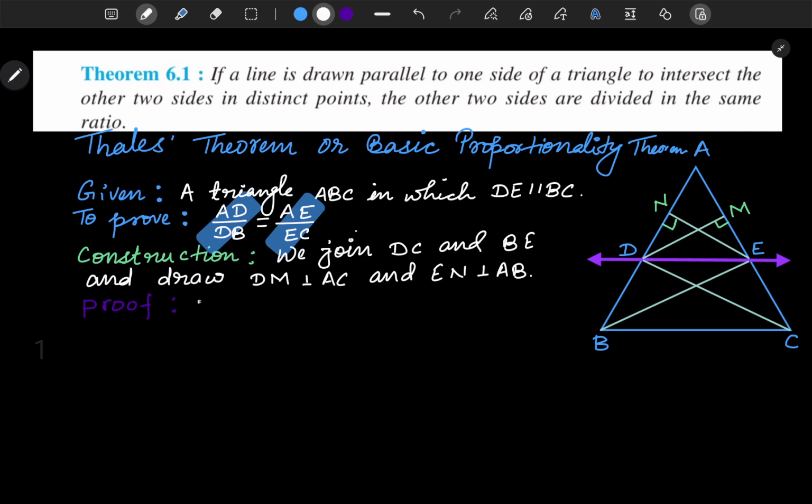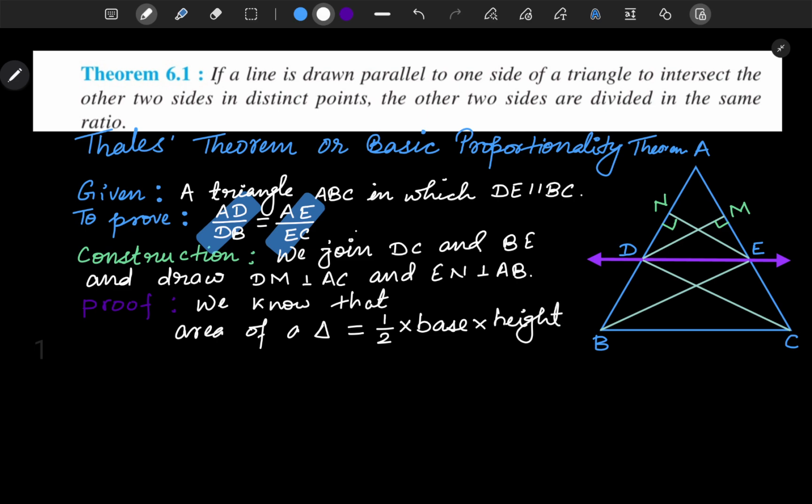So we know that the area of a triangle is equal to half into base into height. The point to be noted is base and height.